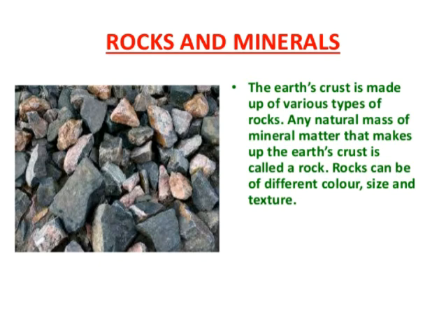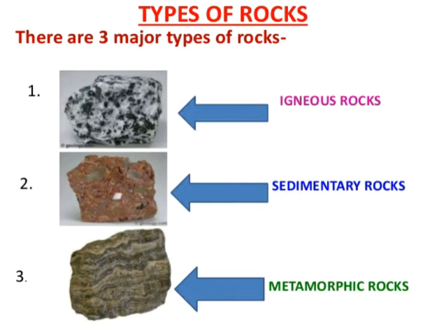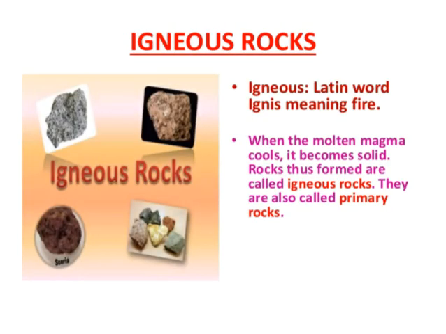Rock means a solid structure which consists of mineral deposits, and rock divides into three major categories. First one is igneous rock, second one is sedimentary rock, and third one is metamorphic rock.